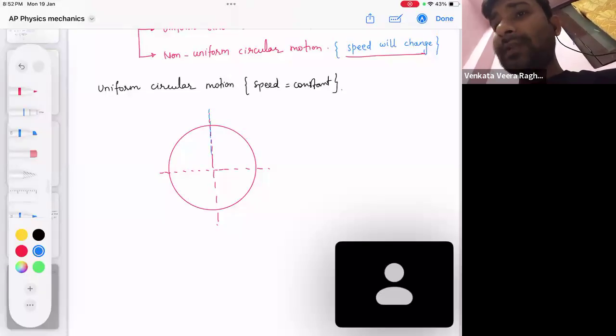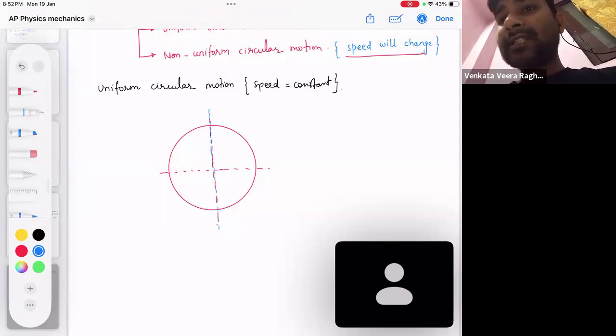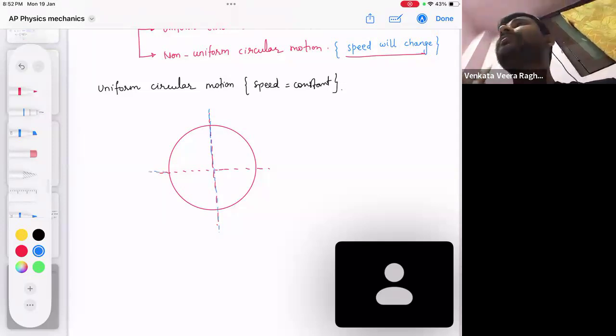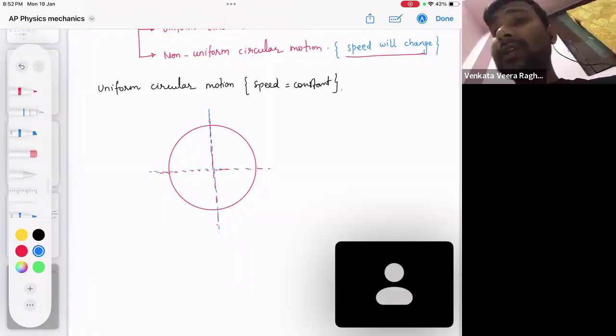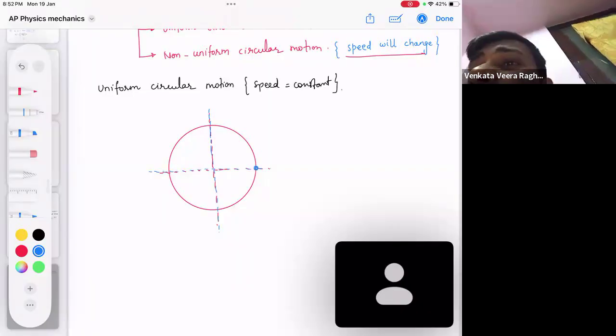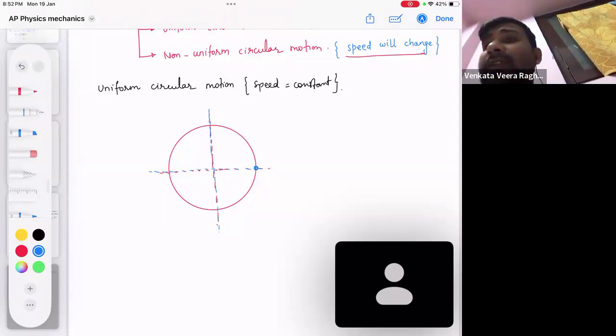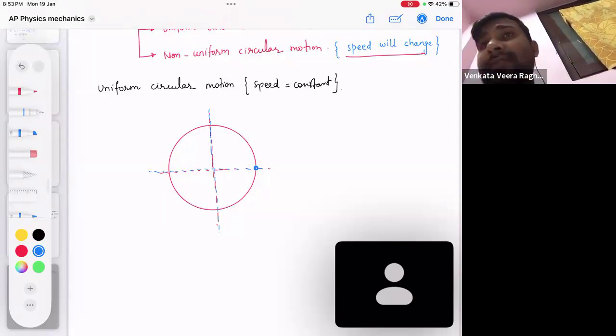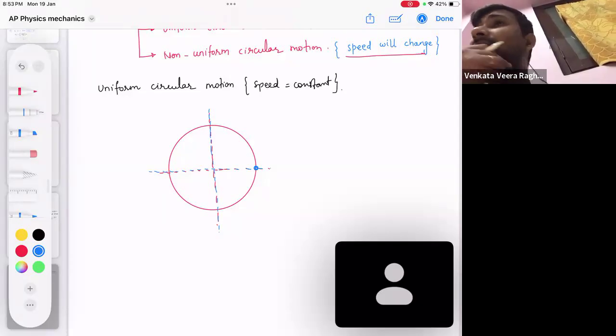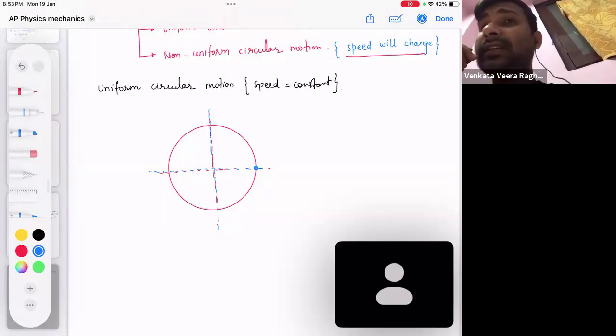So what is the purpose of tangential and what is the purpose of centripetal acceleration? Let's say the particle is here, so this particle can have two types of acceleration, tangential as well as centripetal. Tangential means what?